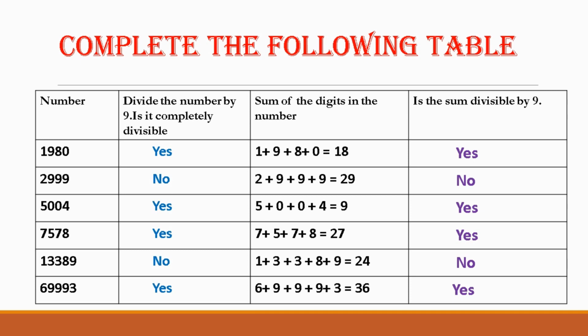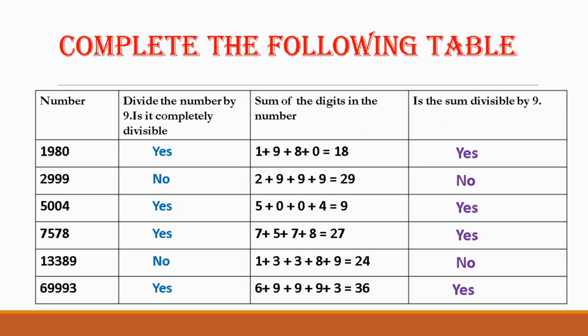Now next number 5004. It's completely divisible by 9. When you take the sum of its digits, 5 plus 0 plus 0 plus 4, which is 9, then the sum is divisible by 9, and therefore this number is also divisible by 9. Next sum, I will solve here the last sum and just show you. 69,993.